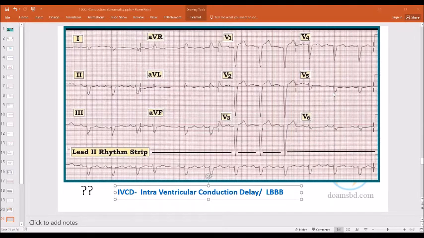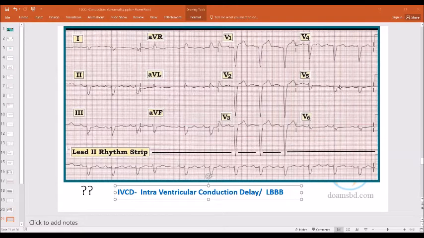What could we say? Intraventricular conduction delay. Understand my point? Yes, sir. So we have to be very cautious to calculate this width. Is it more than 3 or not? In most of the leads, the author says it is not more than 3 anywhere.